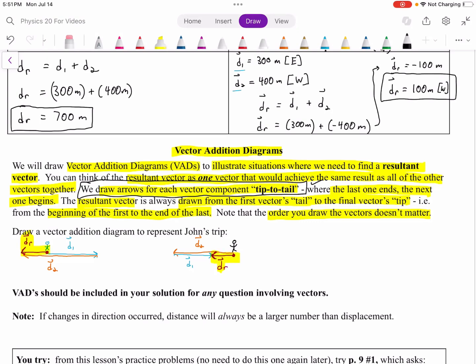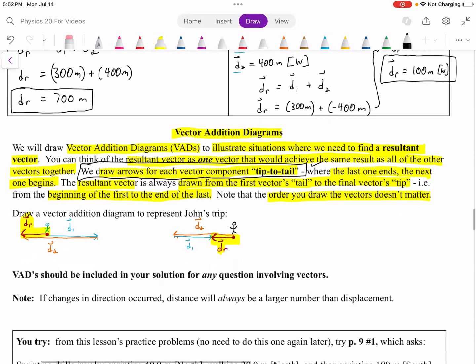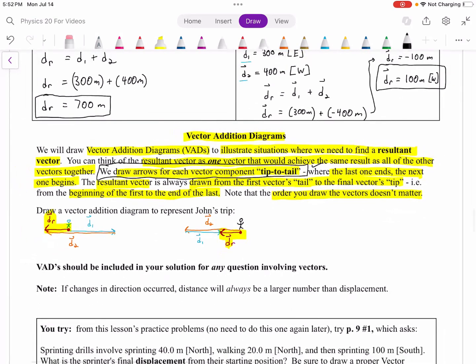They're approximately the same, right? I mean, they are the same. If I had actually broken out a ruler and done everything perfectly, you get the same resultant either way, which makes sense, right? We shouldn't get a different result from going 300 meters east, then 400 meters west, versus doing those in the reversed order. Okay, so the order that you actually add the vectors in your diagram shouldn't change the result you get. You should still get the same result.